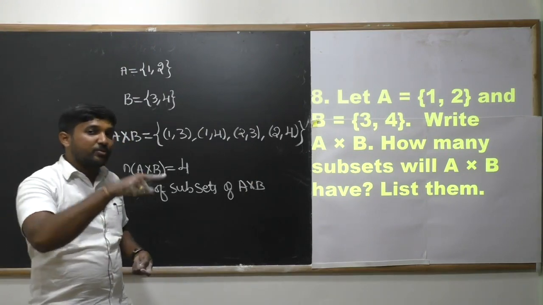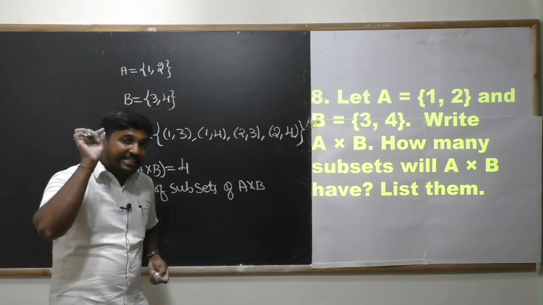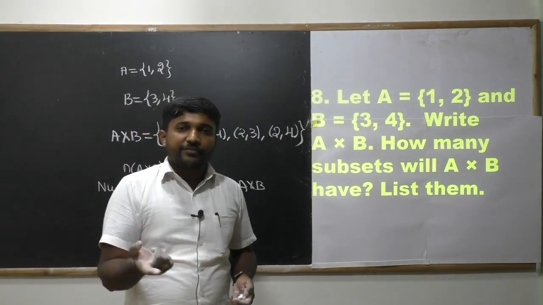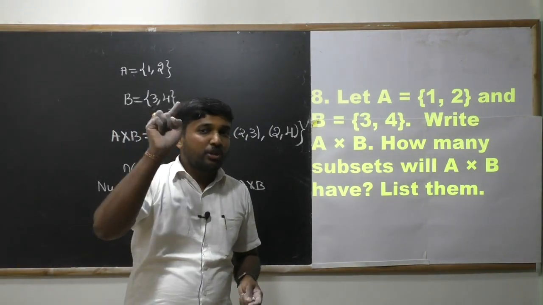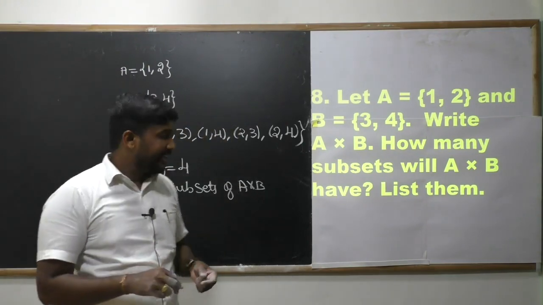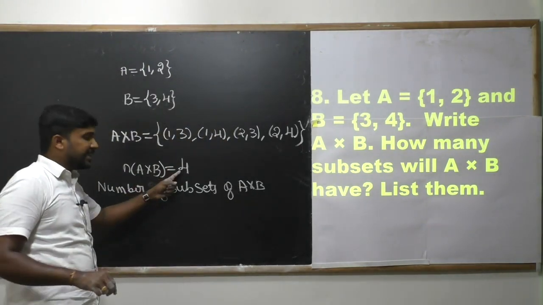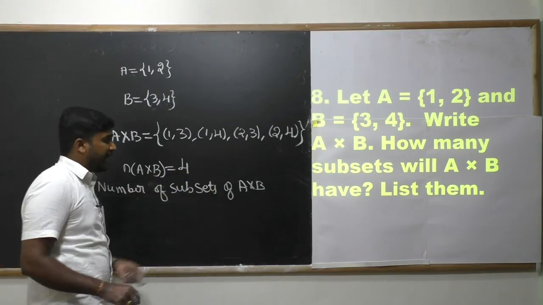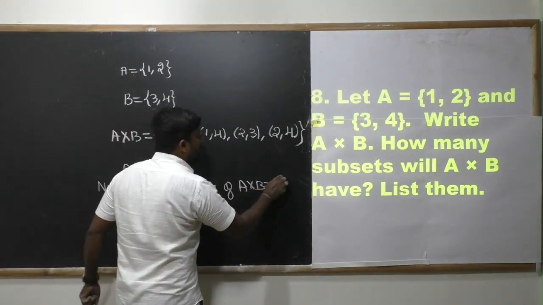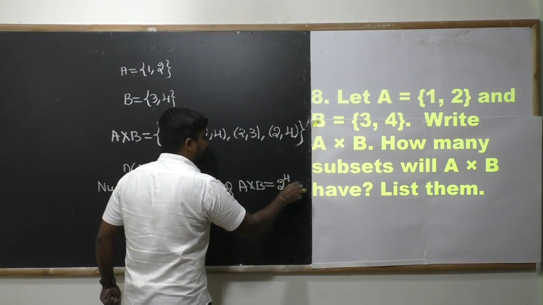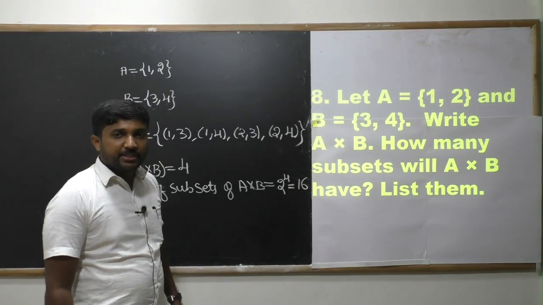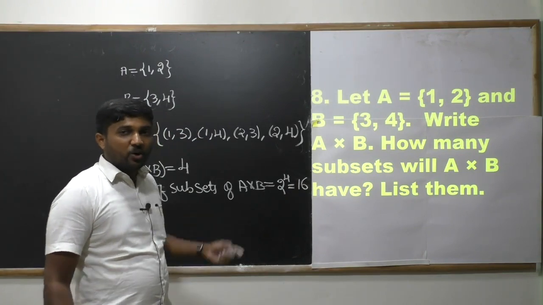This concept is from set theory. If A contains m number of elements, the number of subsets of A is 2 to the power m. Similarly, here A cross B contains 4 elements, so the number of subsets of A cross B is 2 to the power 4. That means 16 subsets. 16 subsets are available for A cross B.